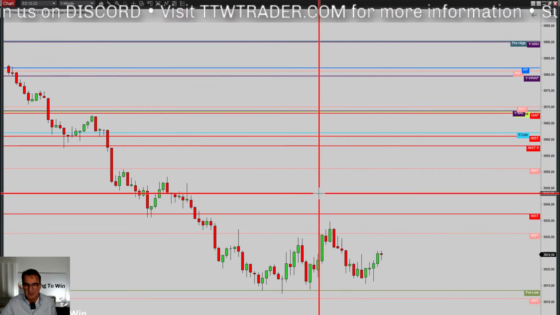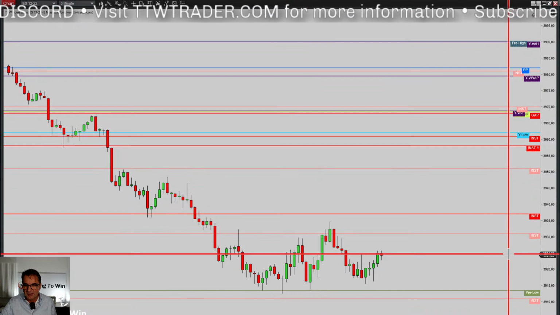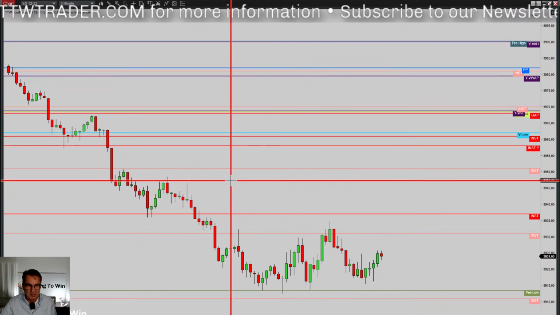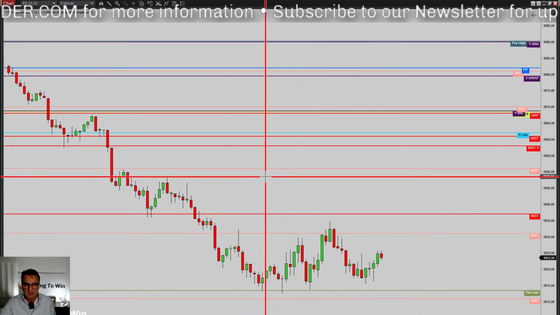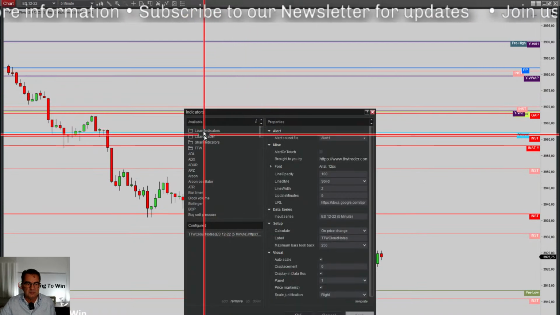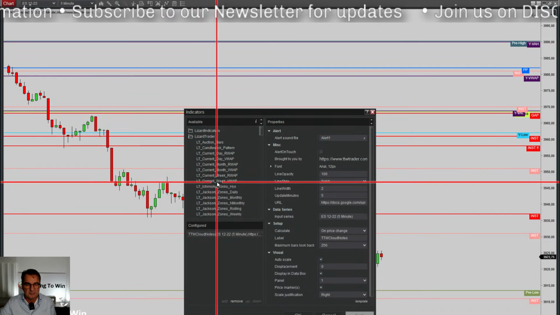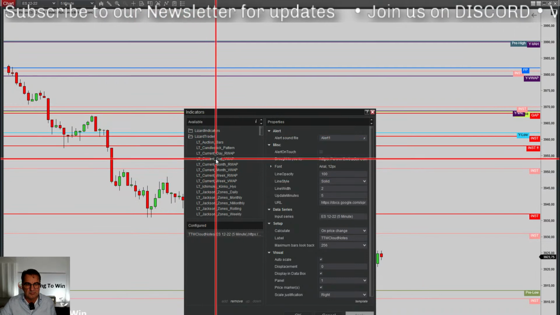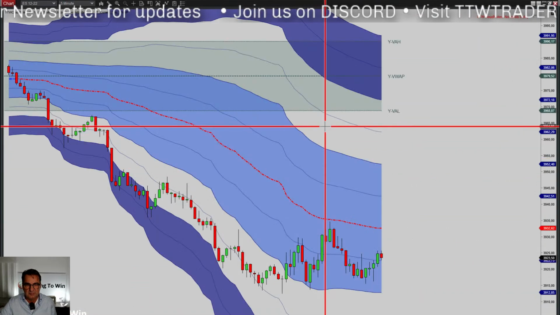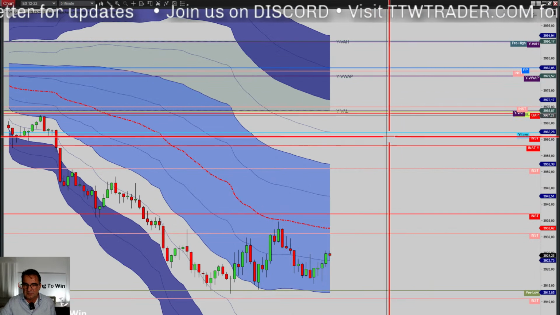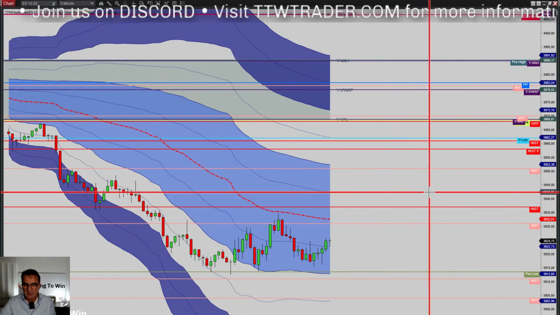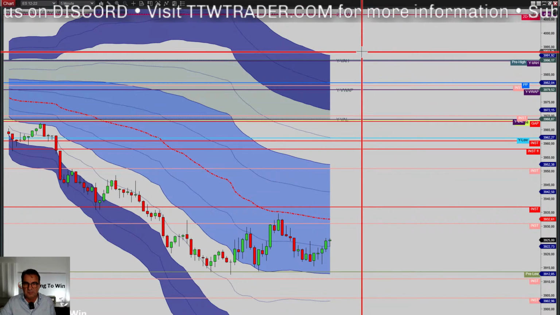So you can get the same institutional level on NinjaTrader besides the other indicators you have, and then you can add them to your chart, whatever you like.